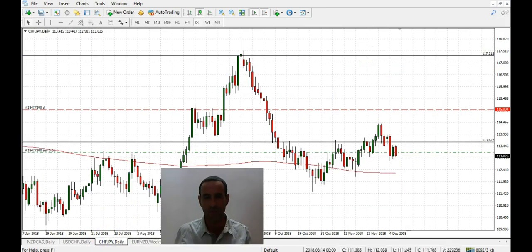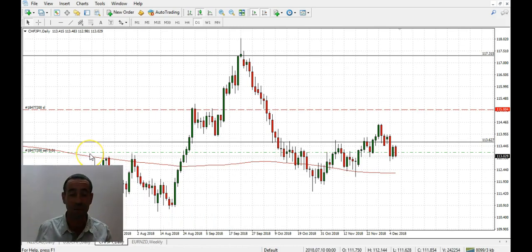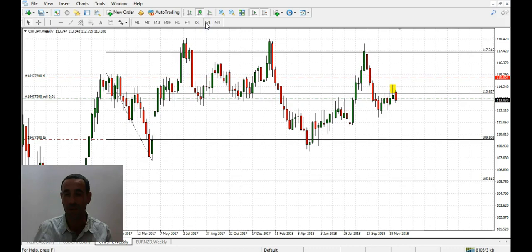The Swiss versus the Japanese yen, that's also one of my favorites. It's very similar to the Canadian versus the Japanese yen, very similar, both from the bigger picture. We're having a pretty solid symmetric setup here, depicting a very wide trading range. Look how wide it is. I mean, think about it.